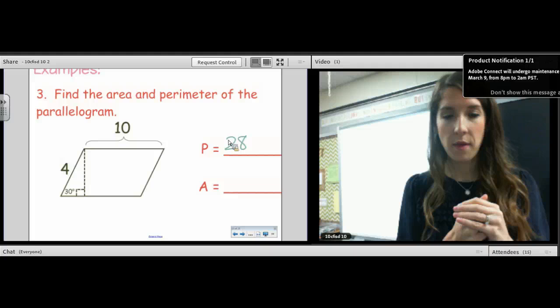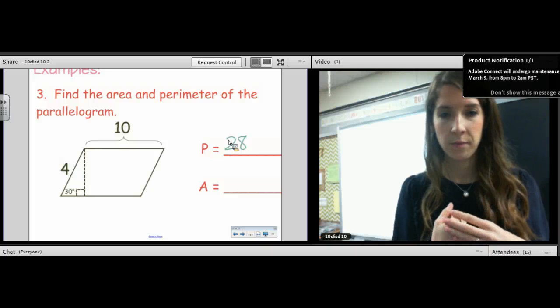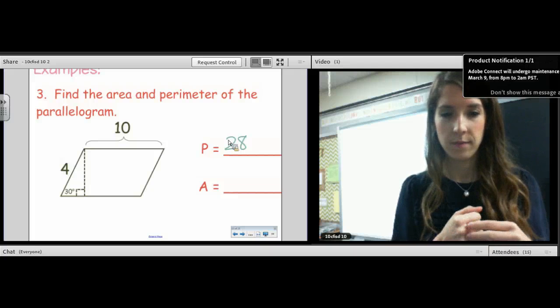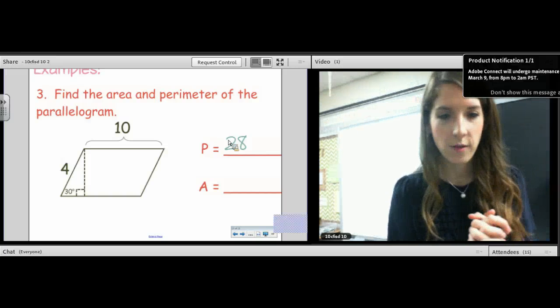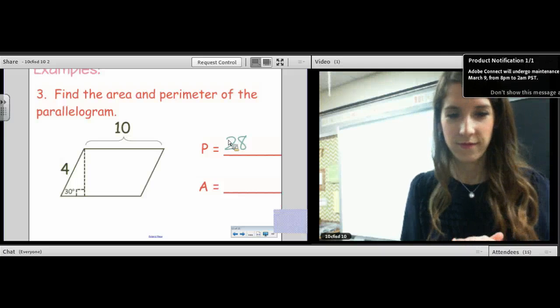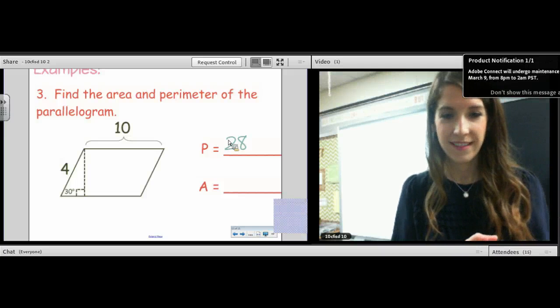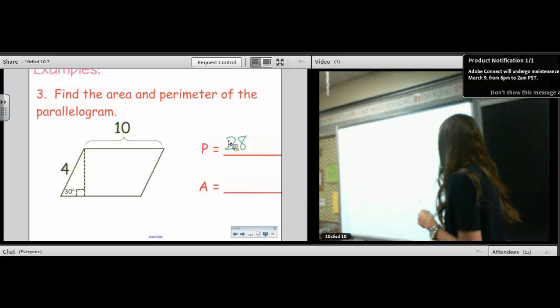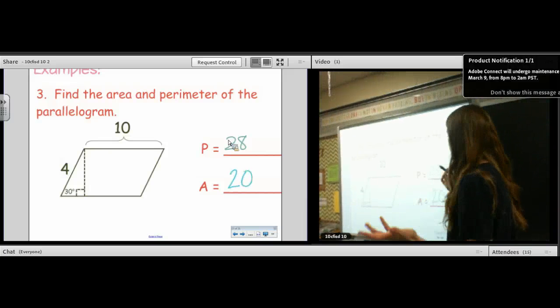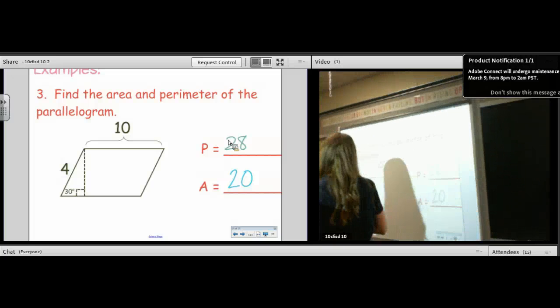So what's across from the 30? Come on, Helaman, you should have an answer. Yes, the area is 20. And we don't have units, so like we said, we're not putting units.